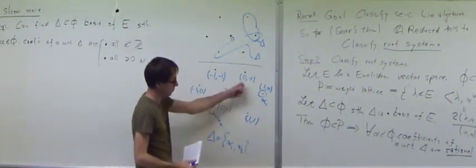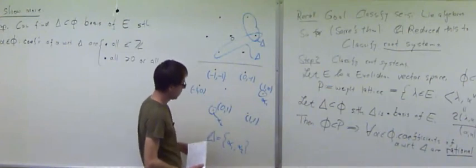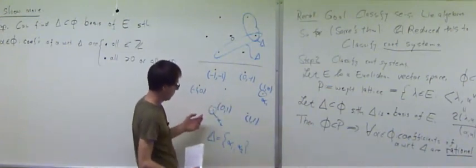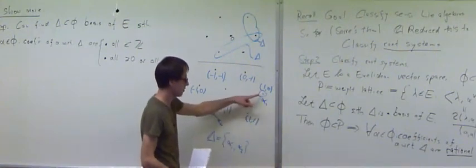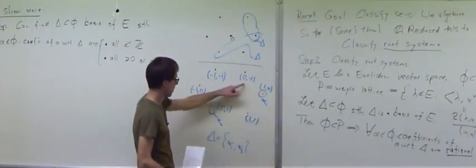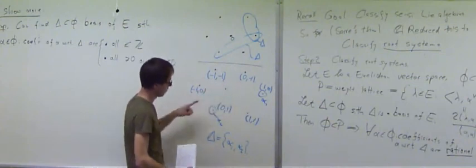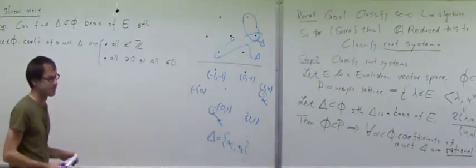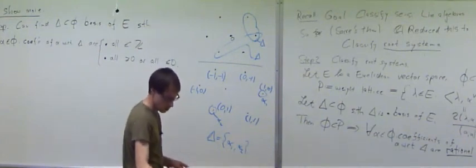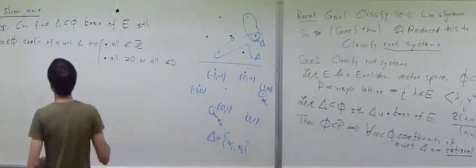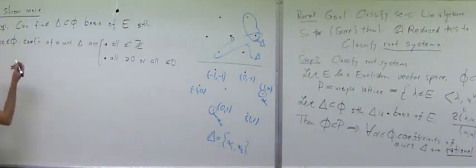Each of these vectors has integral coefficients, and either they are all non-negative, namely here, here, and here, or, for the other three, they are all non-positive. So this is a proposition and also a definition.